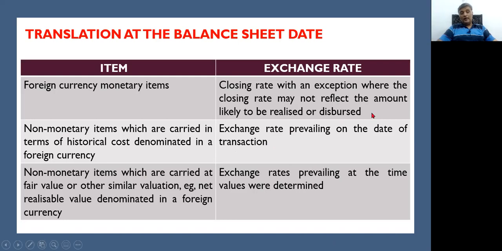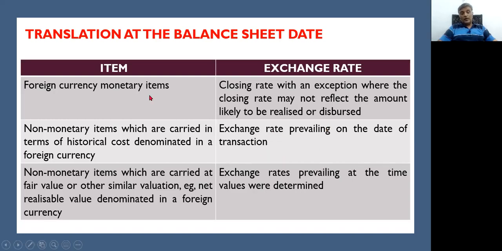So in my example, if you bought a machinery on credit, you would have said plant and machinery account debit to creditors for plant and machinery. Plant and machinery is a non-monetary item, so that will not change. It will always be at 4,50,000. But what about the creditors?